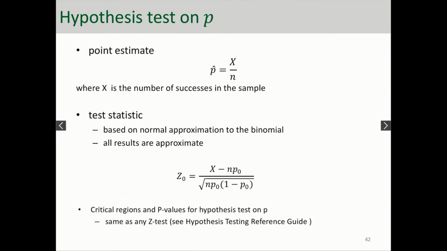So how do we conduct this test? Well, you would have to estimate using the sample proportion. So you set up your hypotheses, null hypothesis and alternative hypothesis. Then you would have to collect a sample and calculate the sample proportion.